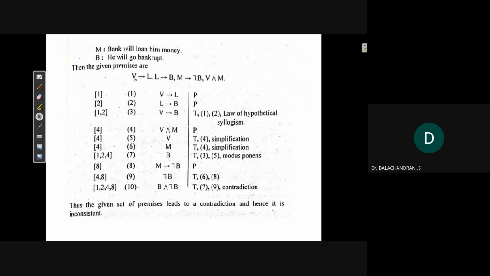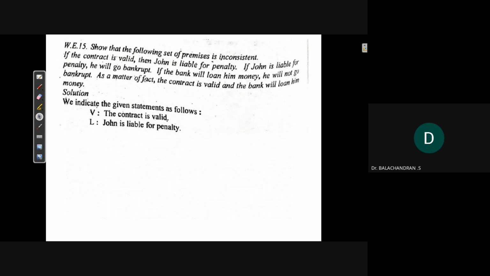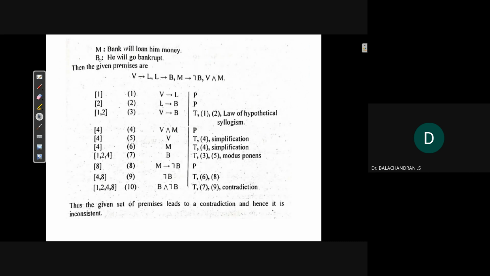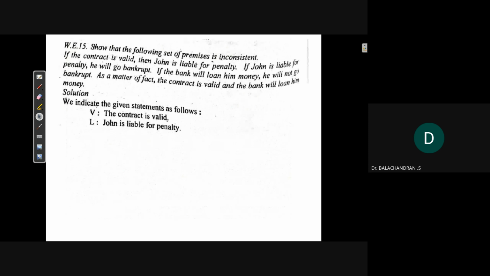Second one. If John is liable for penalty, he will go bankrupt. So L implies B. Third one.